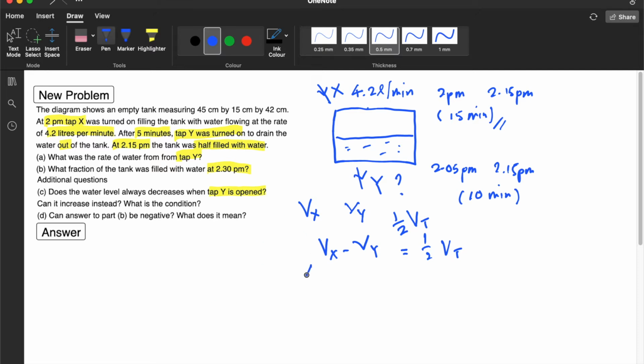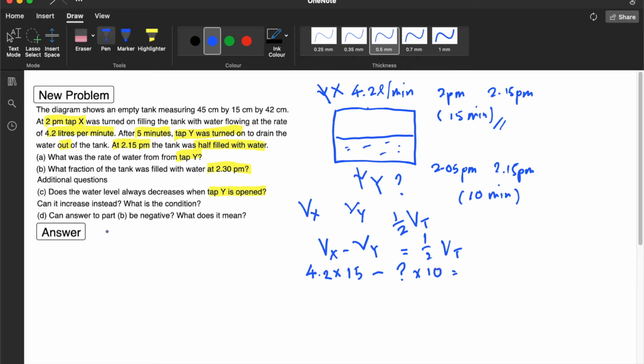Vx will be the rate of the water, 4.2, multiplied by 15 minutes. What about Vy? Vy, we do not know the rate. Right, so I put a question mark there, but whatever that value is must be multiplied by 10 minutes, and that should be equal to half of Vt.